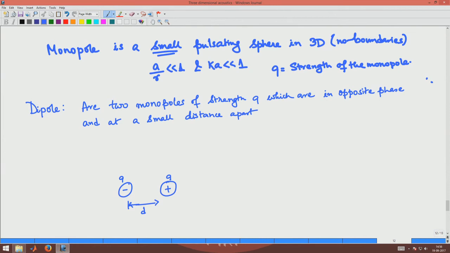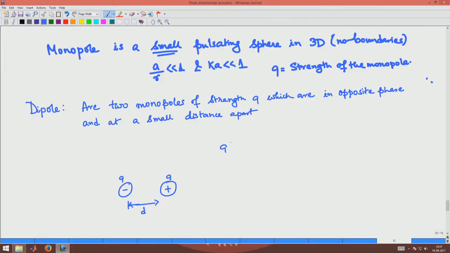Again d is very small in comparison to the acoustic wavelength, in comparison to the distances that we are interested in, and q d, as we will see, is going to be the strength of this dipole. We will see that the acoustic pressure available at any field point is directly proportional to q d. So, q d will, as it turns out, be the strength of the dipole.